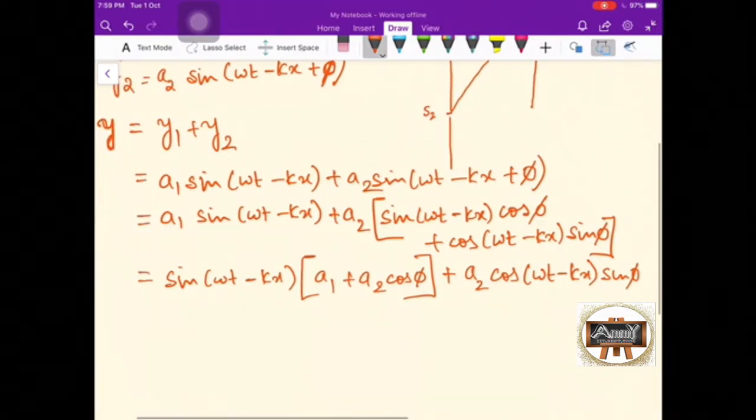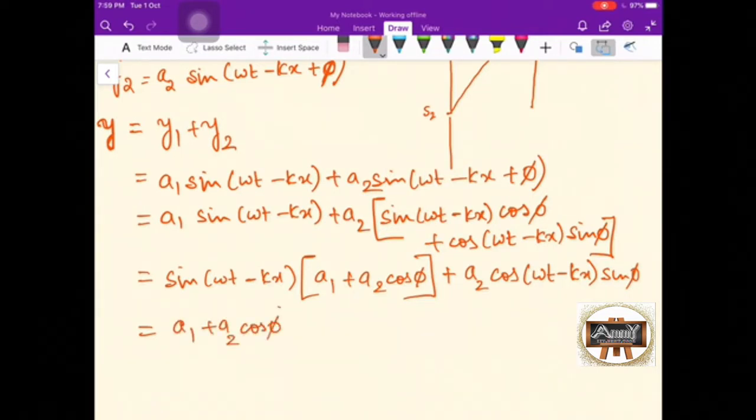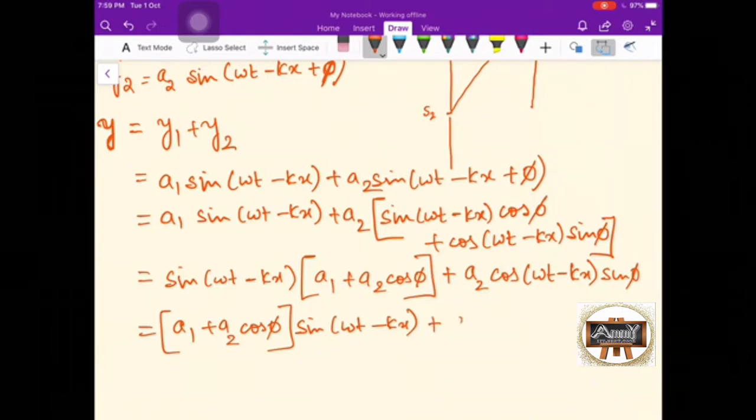So this is my equation. Further I can do a little bit of reshuffling: (A1 plus A2 cos phi) I am writing first with sin(omega t minus kx), and here I am writing A2 sin phi first, and then cos(omega t minus kx).